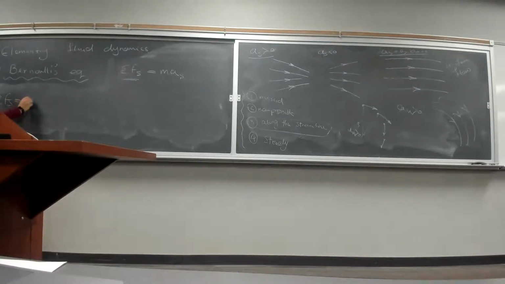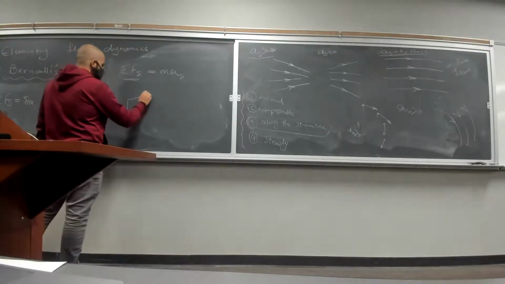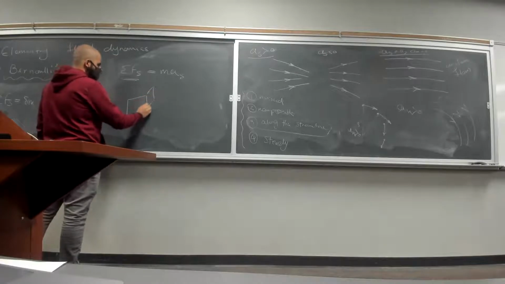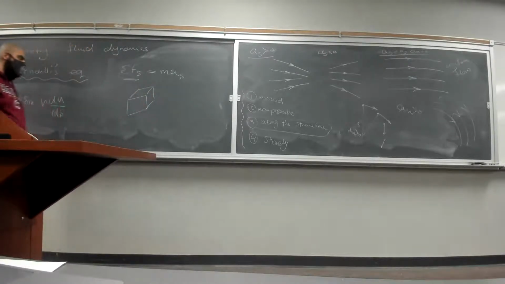So sigma F of s is going to be equal to m v dv/ds. And since we are dealing with small differential elements, the m is also going to be delta m, the mass of a very small, square-like particle that is moving inside the flow.